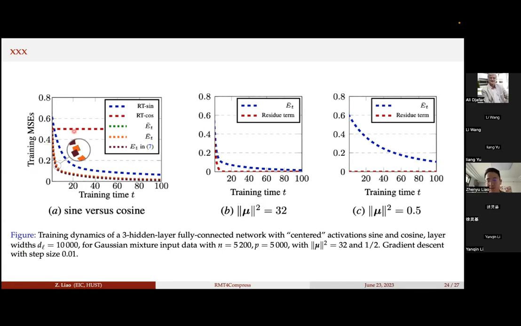And we observe this in practice, okay? So the red curve here, this vertical line here, is the actual learning dynamic when we use a shifted version of the cosine activation function, and we see it's never going to reduce the training loss. And we have a theory that allows us to predict this in advance.